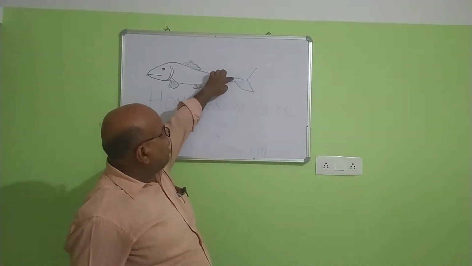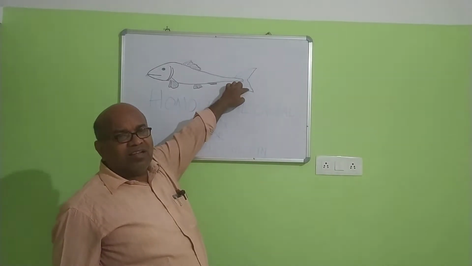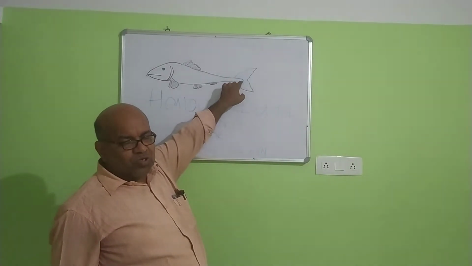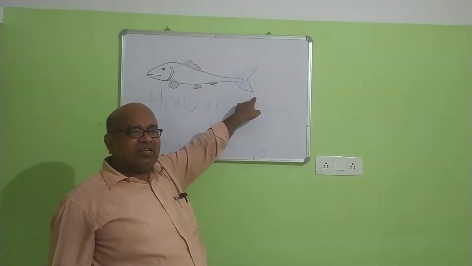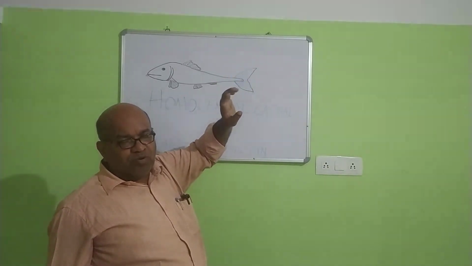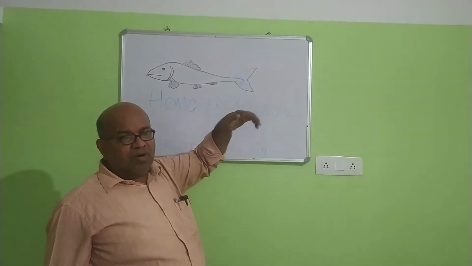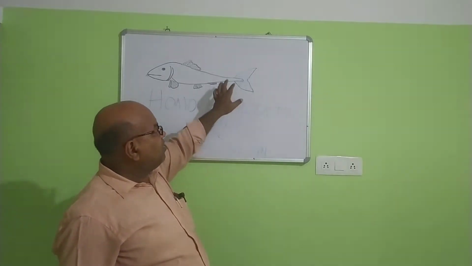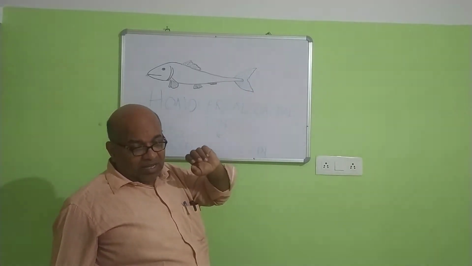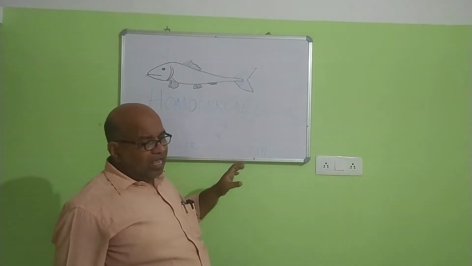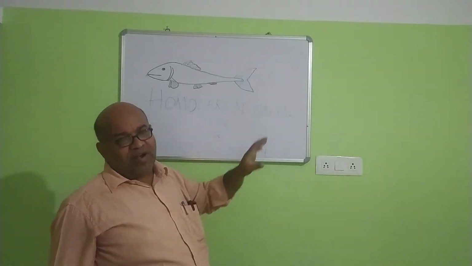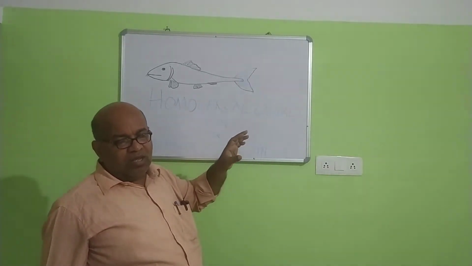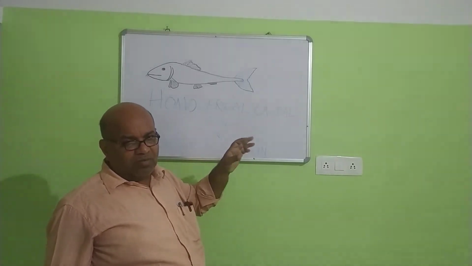That one bends towards where? To the ventral lobe. So the ventral lobe is larger, and the upper lobe, which is dorsally present, the dorsal lobe or epicaudal lobe, is smaller. In this species, you mark all the time the animal comes upward. You show the upward locomotion by swimming.